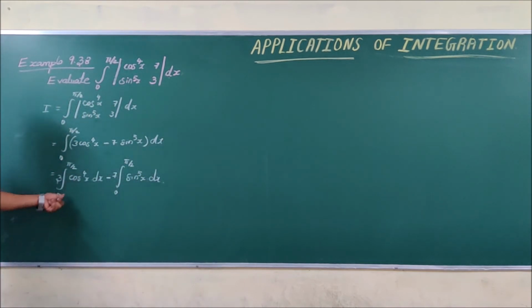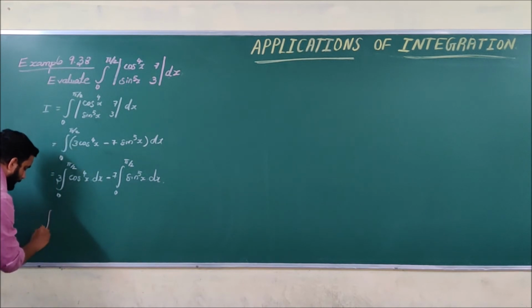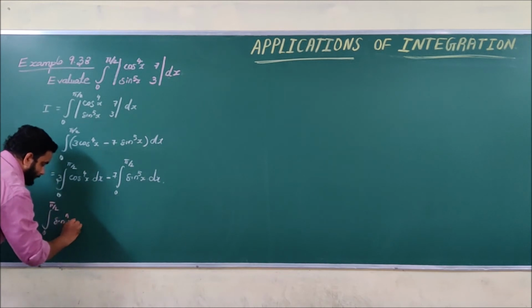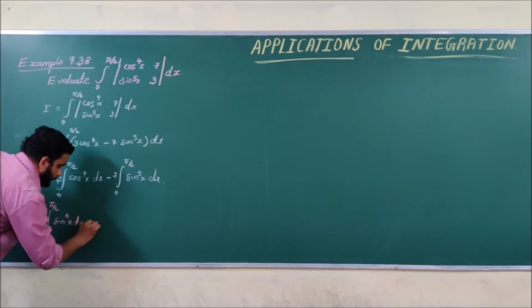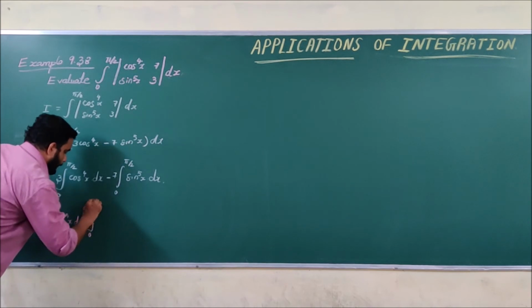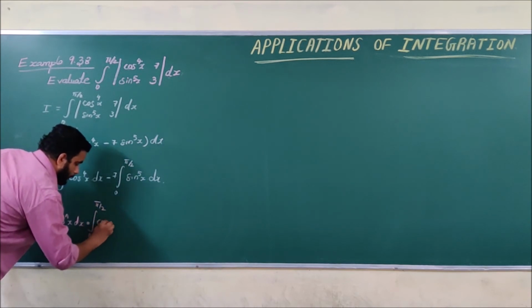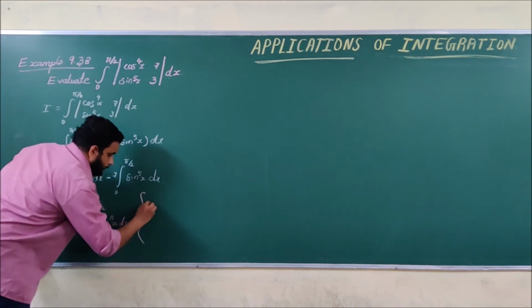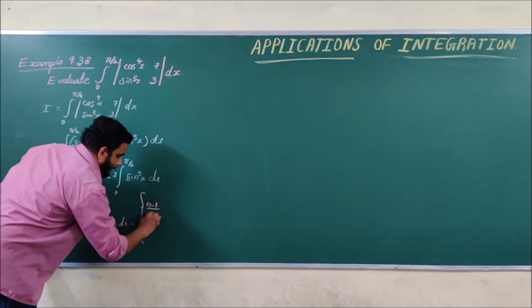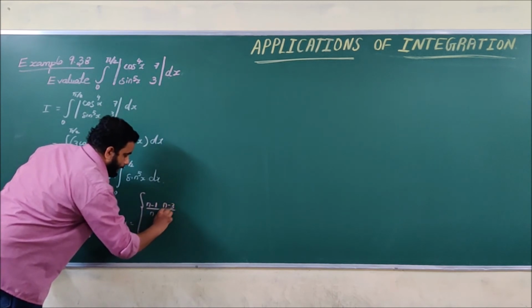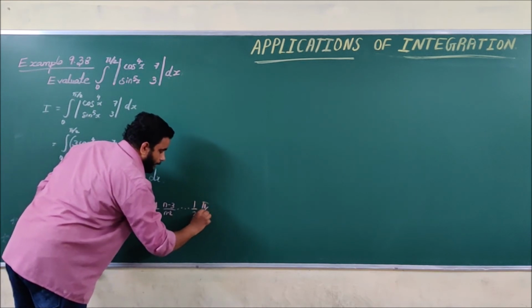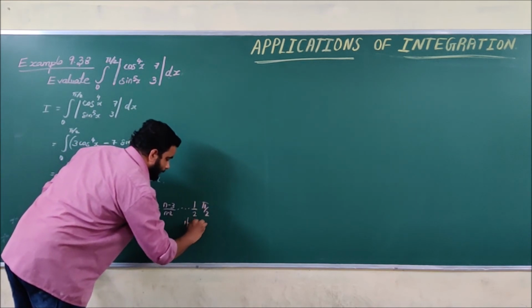Now this question is of the form: the integral from 0 to pi by 2 of sin power n x dx is equal to the integral from 0 to pi by 2 of cos power n x dx. It is equal to (n minus 1)/n times (n minus 3)/(n minus 2) going to 1/2 times pi by 2 if n is even.